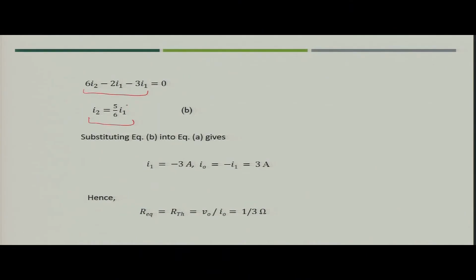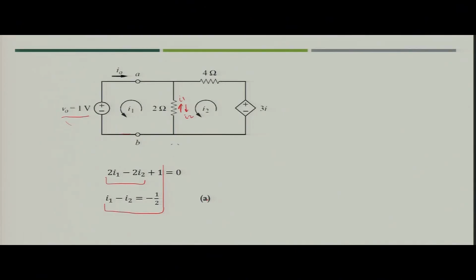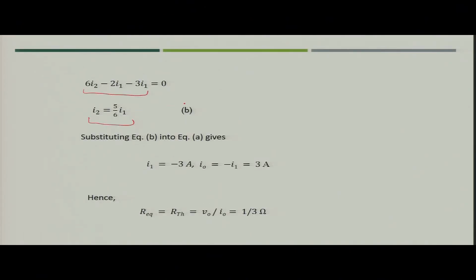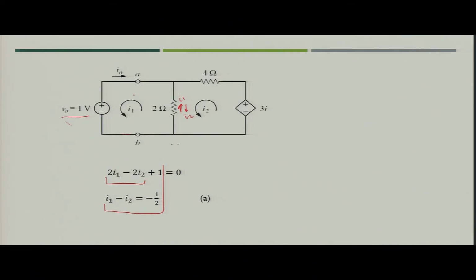When we solve, I2 will be 5 by 6 I1. Now, we have two equations, A and B, in terms of I1 and I2. If we solve, we get the value of I1 as minus 3 ampere. Now, I1 is opposite to the direction of I0, which is the current flowing through the 1 volt voltage source.